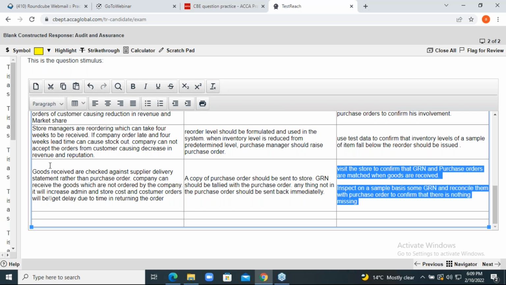So we recommended that a copy of the purchase order should be sent to the warehouse as well, so that they may identify the quantity and the quality they ordered. They should check the goods received against the purchase order and then issue the goods received note accordingly. As an auditor, we recommended that process.